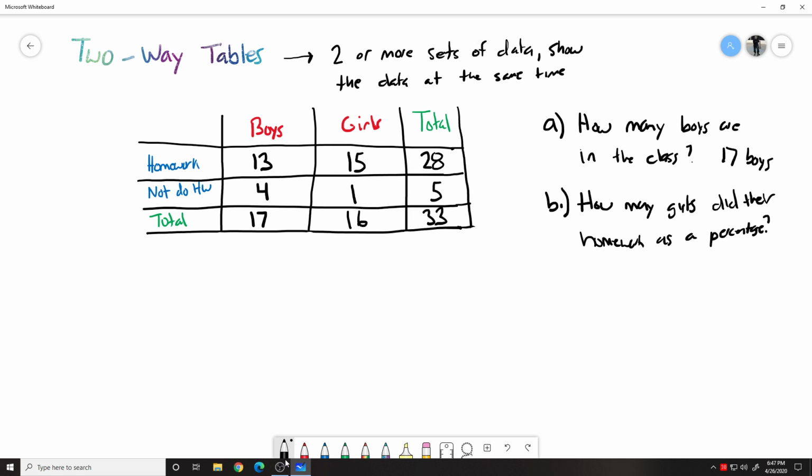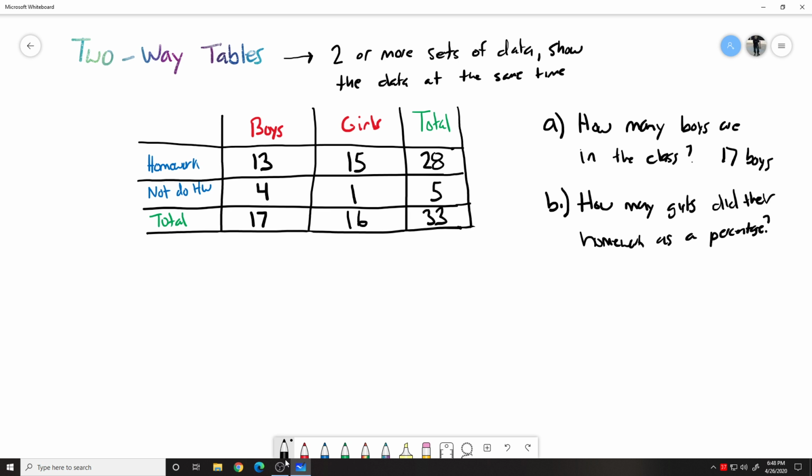So we want to answer with what percent of the girls did their homework. So we're only looking at the girls. We don't really care anything about the boys, so we don't care about the total in the class or anything like that. We're only concerned with the girls. We want to know out of all the girls, what percent of them actually did their homework.